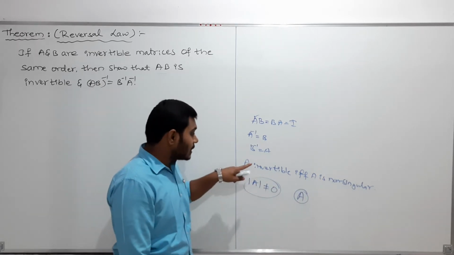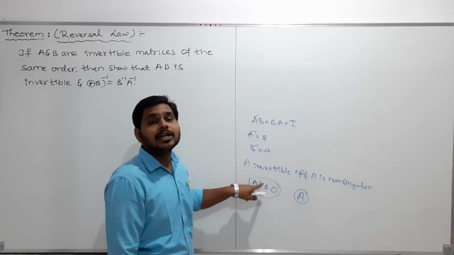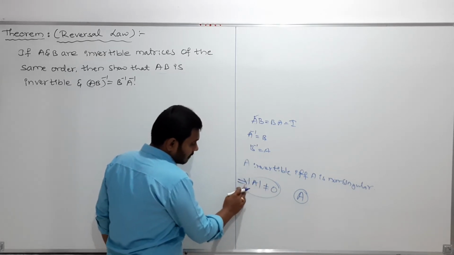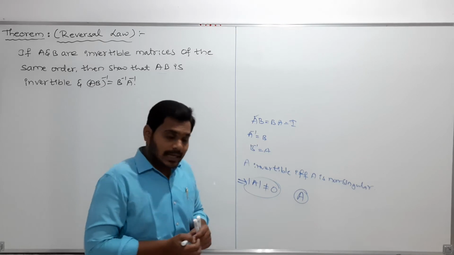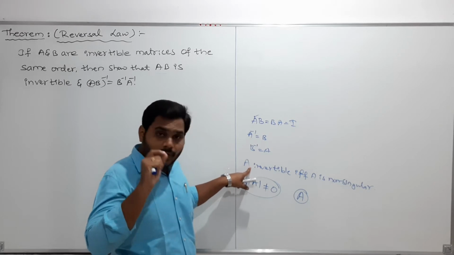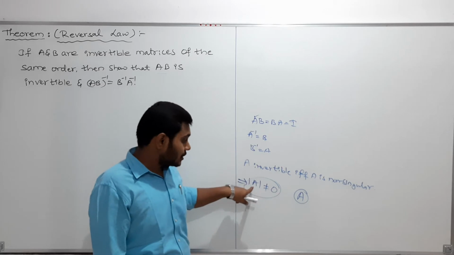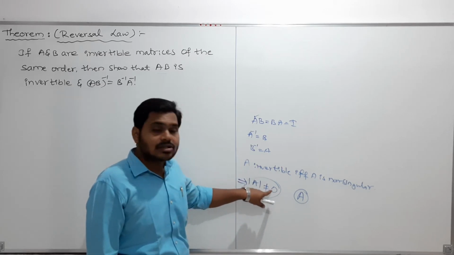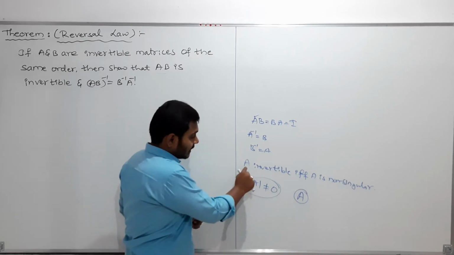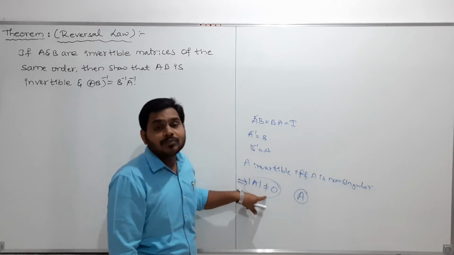And also we know that A is invertible means determinant of A is not equal to 0. We should always keep this in our mind. Whenever I say A is invertible, in your mind you should think that A is non-singular, and A is non-singular means determinant of A is not equal to 0.